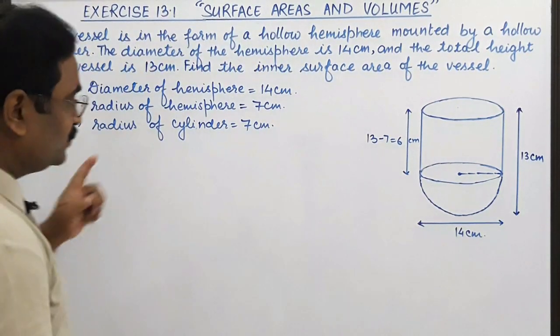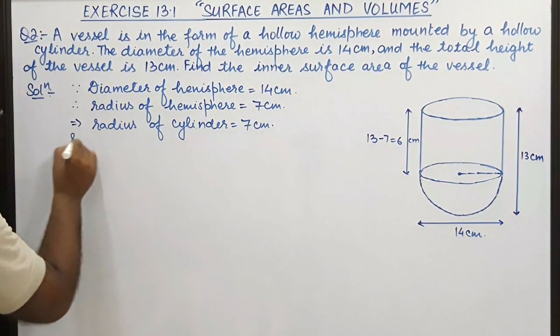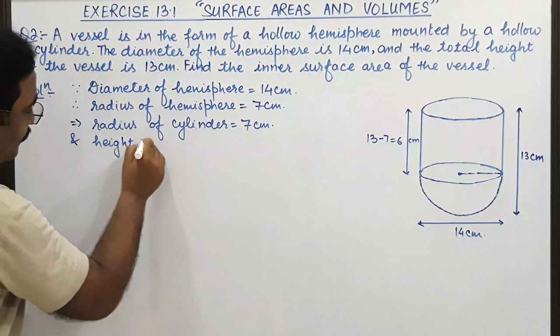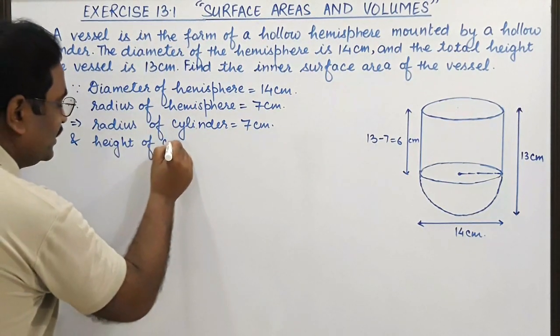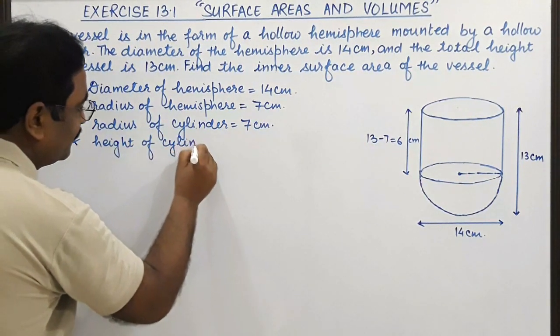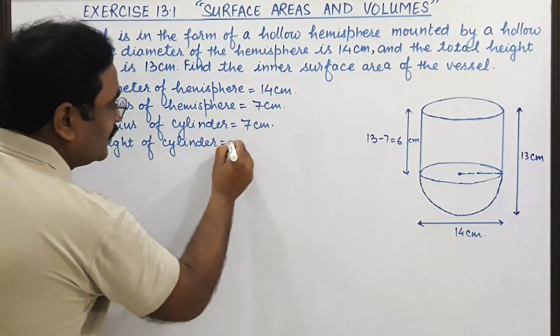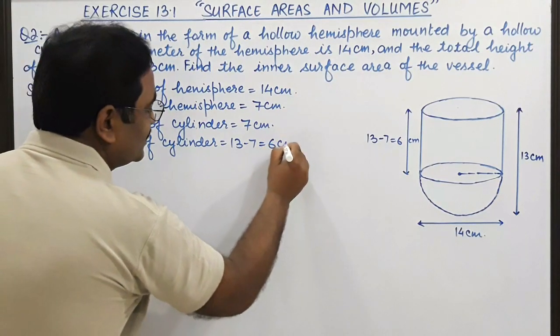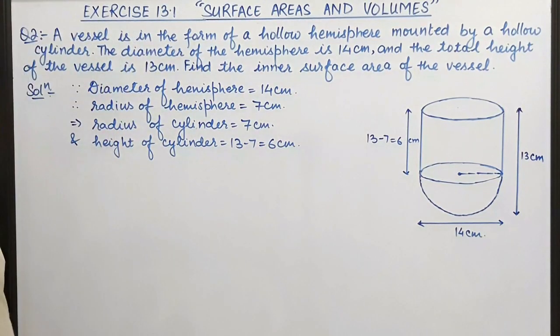So the height of the cylinder is equal to 13 minus 7, which is 6 centimeter, right?